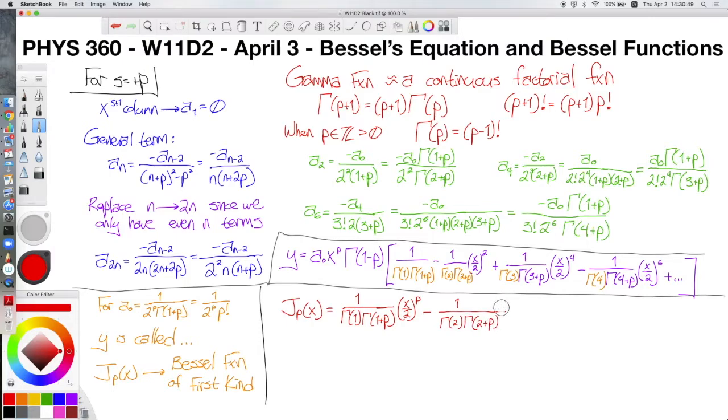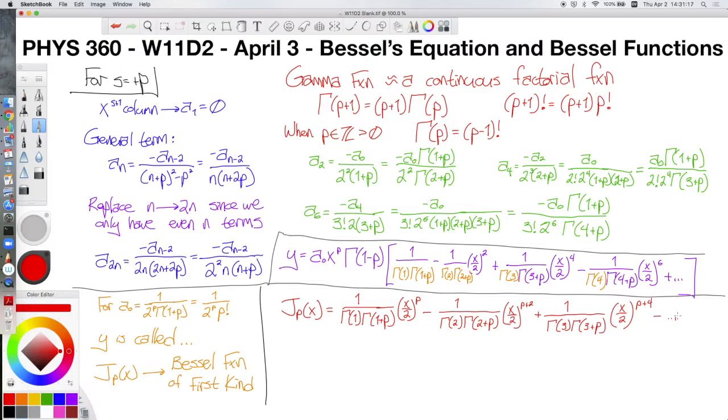This term is times another factor of x over 2, this time taken to the p plus 2 power. Then hopefully you're picking up on the pattern now. The next term is going to be 1 over gamma of 3 times gamma of 3 plus p, this time times x over 2 to the p plus 4 power, and so on and so on.